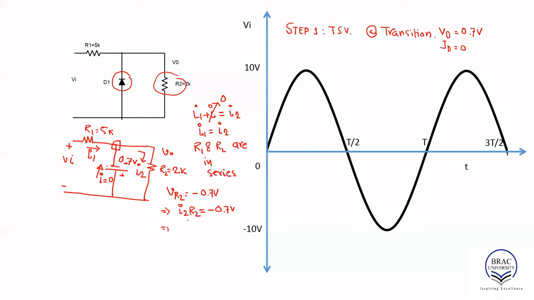as Vi divided by R1 plus R2, times R2, equals minus 0.7 volt. So I can go further doing this.